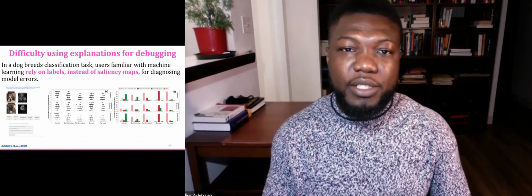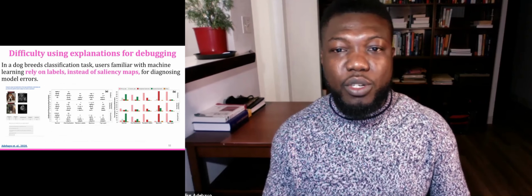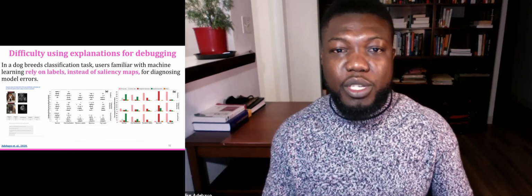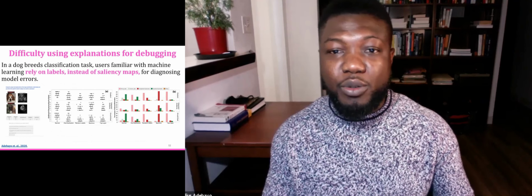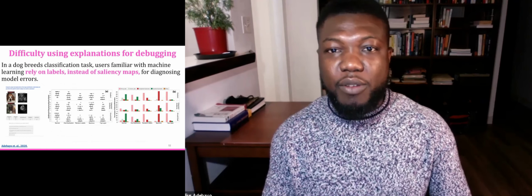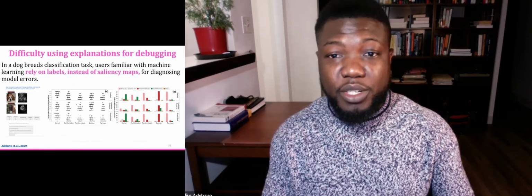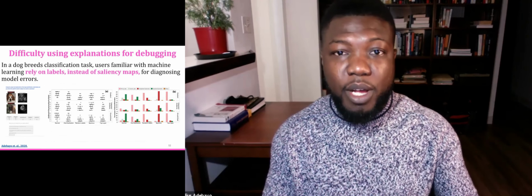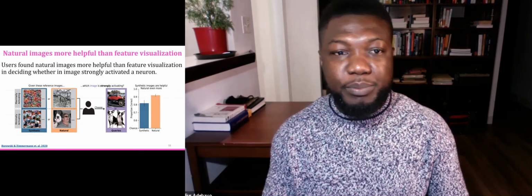Along similar lines, recent work was also done to perform a user study where end users were shown saliency maps from different models and asked to use the saliency maps to debug the model. The takeaway from here is that the end users relied more on the model predictions as a way to audit and debug the model rather than the model explanations or the saliency maps.